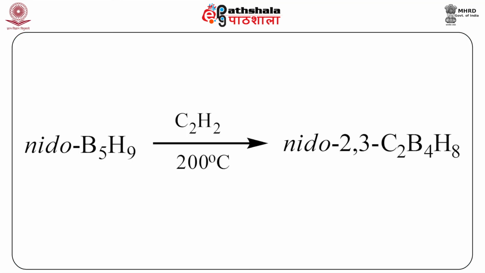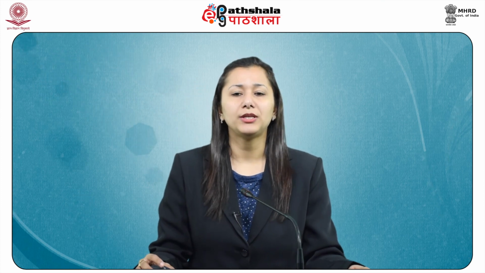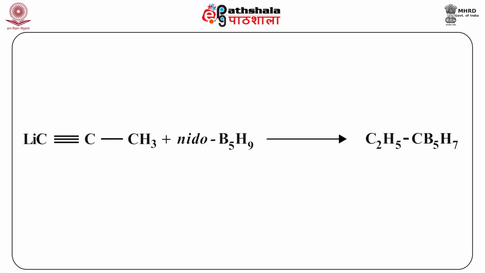Nido-B5H9 with acetylene at 200 degrees Celsius gives nido-2,3-C2B4H8. Metal acetylides can also be used in lieu of alkynes to obtain dicarbon or monocarbon carboranes, that is LiC≡CCH3 plus nido-B5H9 gives C2H5CB5H7.